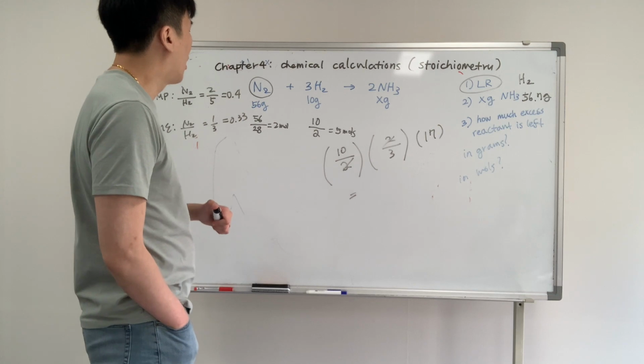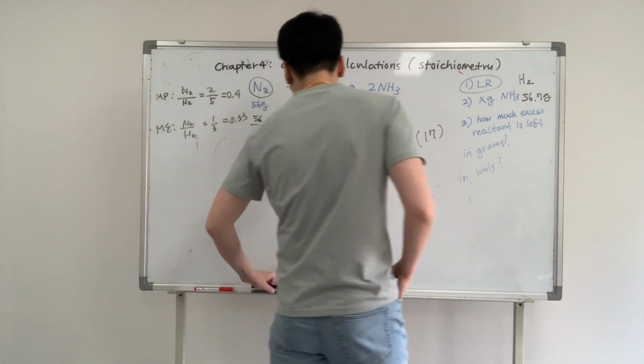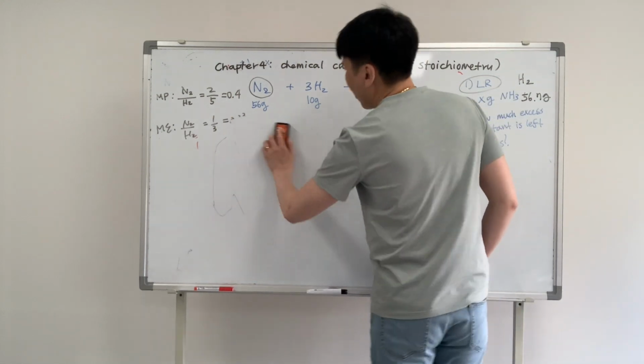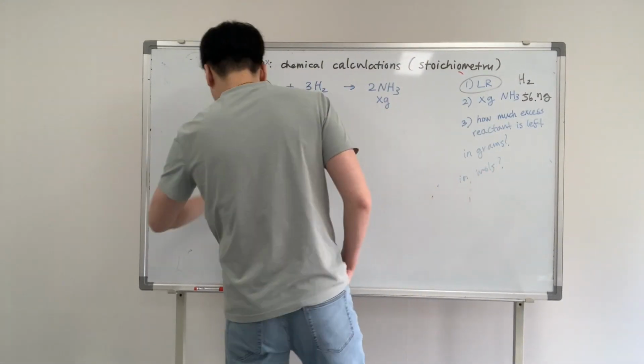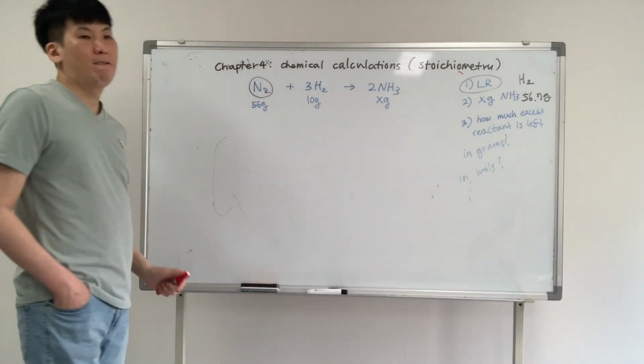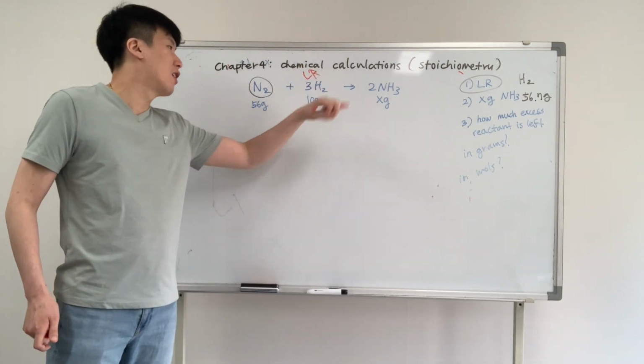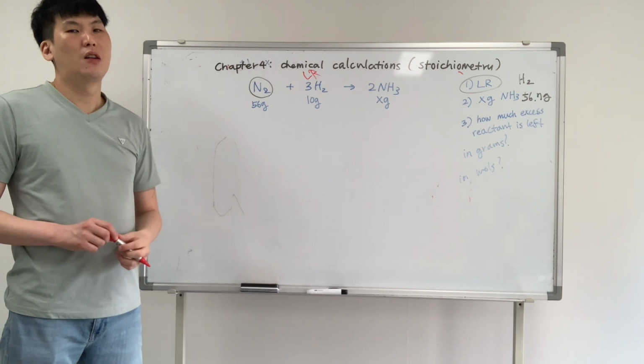Right. Okay, so in order to calculate the amount of leftovers, what do we do, Taegun? So this was the limiting reactant. Step by step, think. What do we do?